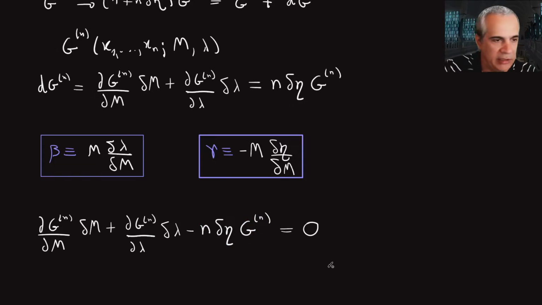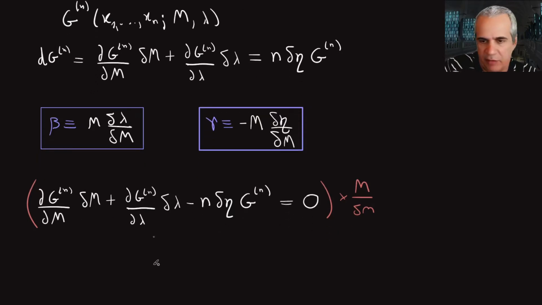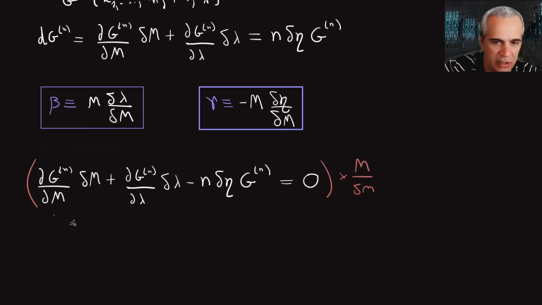And now I just take the whole thing and divide by delta m. So I multiply on both sides of the equation by delta m, and I also multiply by m in the numerator, because you see how I defined these things. So now I have the equation I wanted.